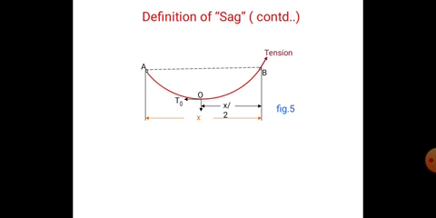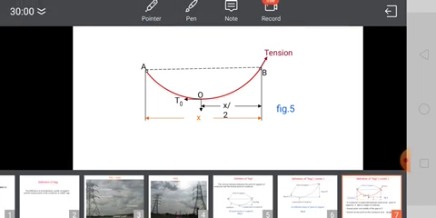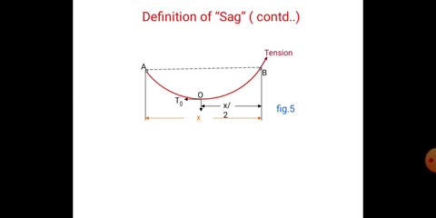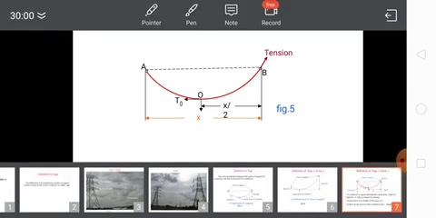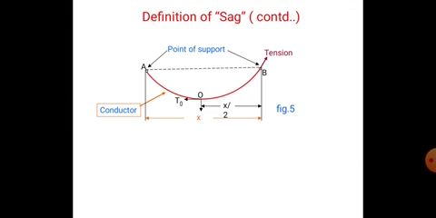T naught is the tension that acts horizontally, and O is the middle point of the sag, the lowest point of the conductor. Here is a conductor and its points of support.